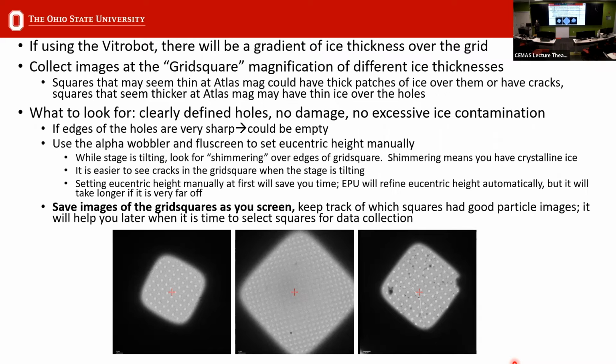As you're screening, save images of the grid squares and keep track of which high magnification images came from which grid square, because this is going to help you later down the road when you're on the Krios. Again, the less time you spend hunting for good grid squares on the Krios, the more time you have for actual data collection.